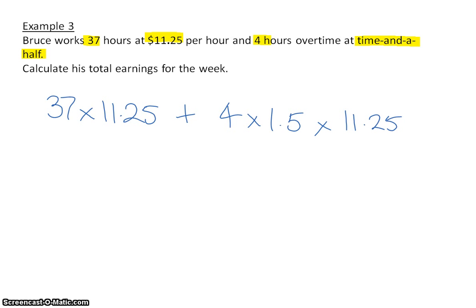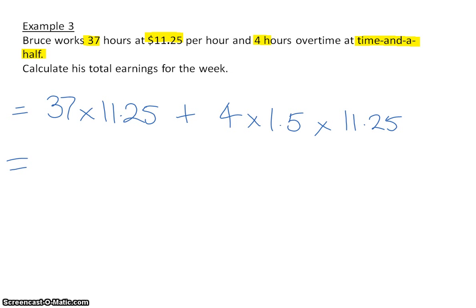$11.25. Every time we do a question, we need to put down our working out. If we don't put our working out, life becomes really hard for examiners, and we're looking to get as many marks as possible.